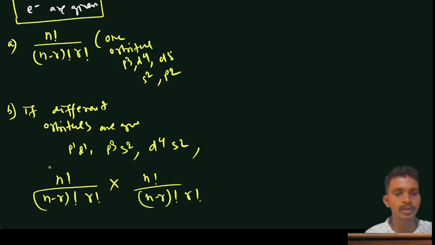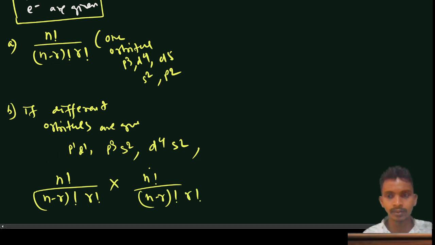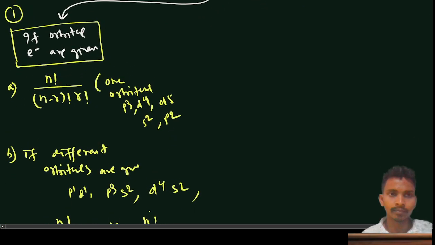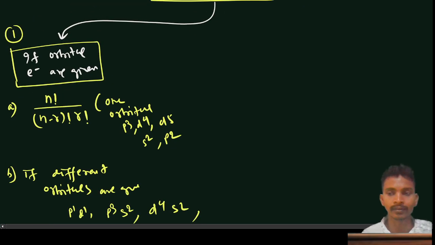Okay, this is for, let's say, p1 d1. So these are the formulas if orbital electrons are given.